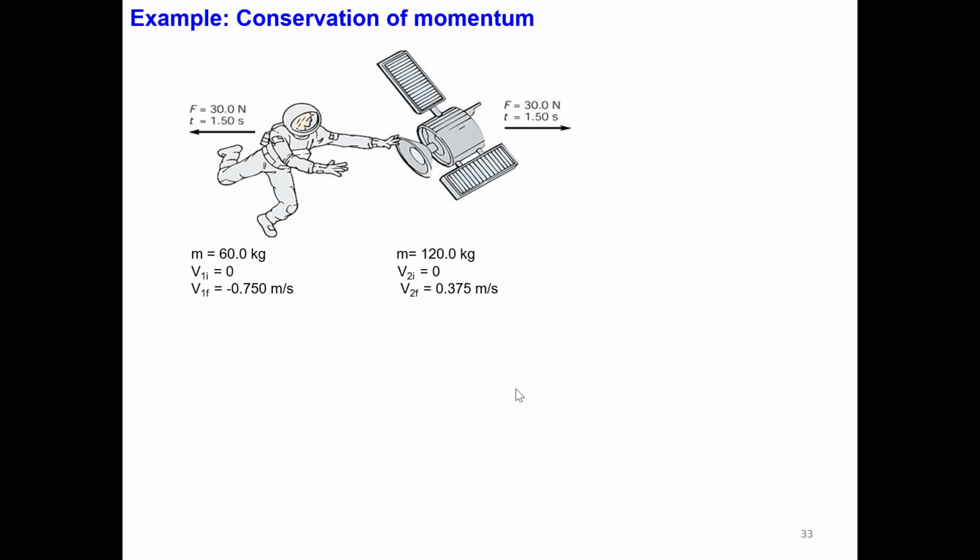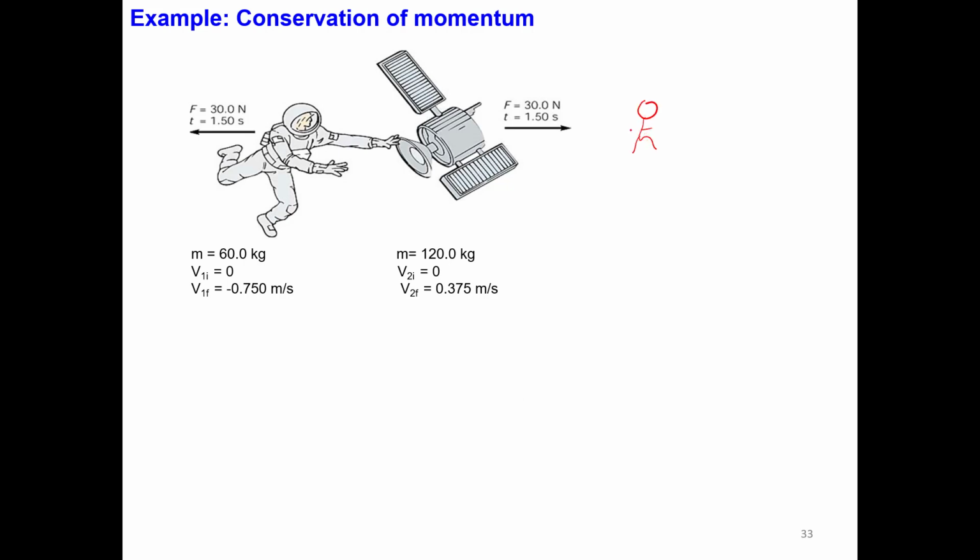What we will assume is that the momentum just before and after the interaction was the same. We will try to see if this is true for this example also. And this is the situation.